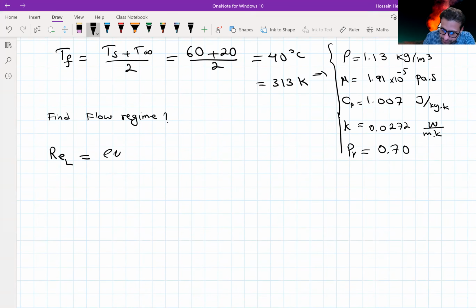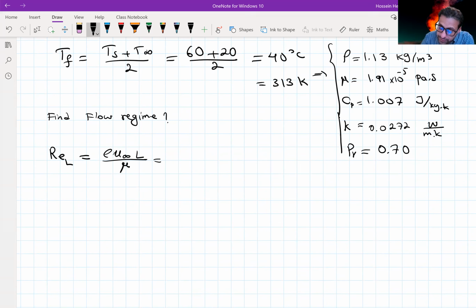It's like rho u infinity L divided by mu, or Reynolds number at any x location is going to be rho u x divided by mu. So I know along the x for the flat plate, Reynolds number goes up. So I can find the highest value of Reynolds number by considering the rear edge of the plate.